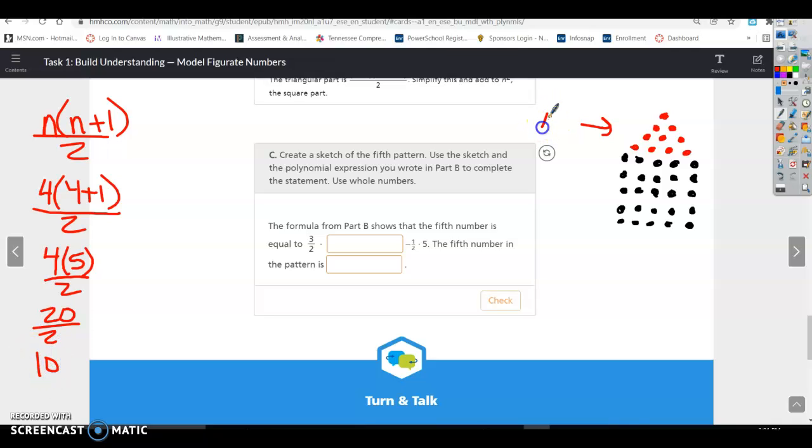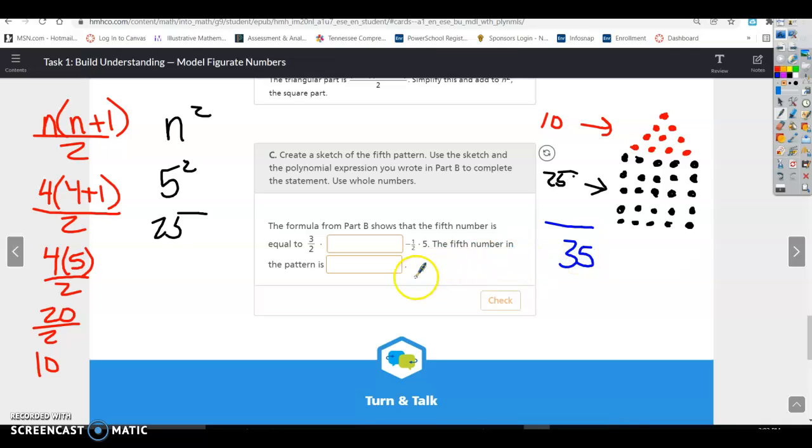So we know this top part is going to represent 10 dots based on the formula, and we know the second part comes from n squared. And we know this is 5 by 5, so 5 by 5 is 25. So this part represents 25. So the whole thing together is 35.